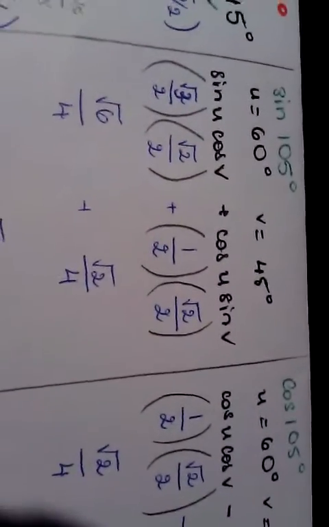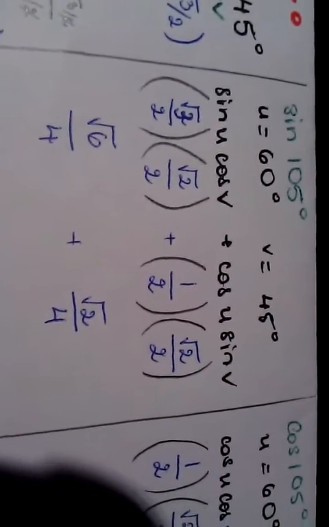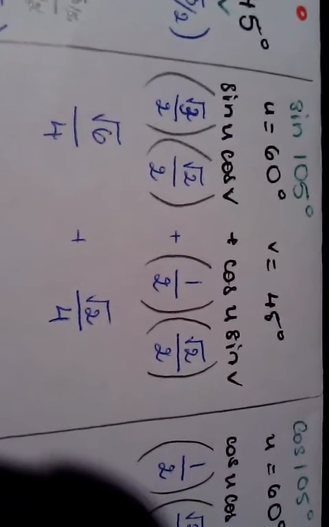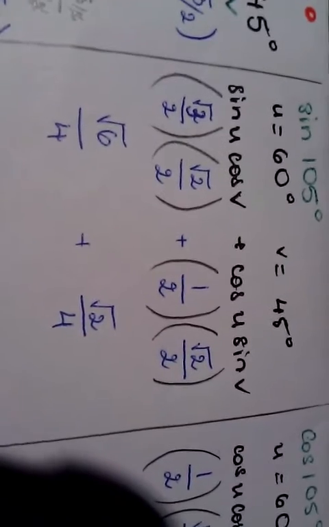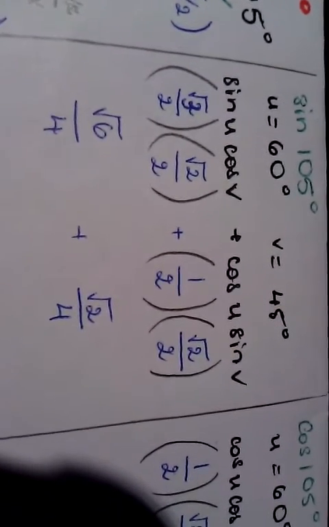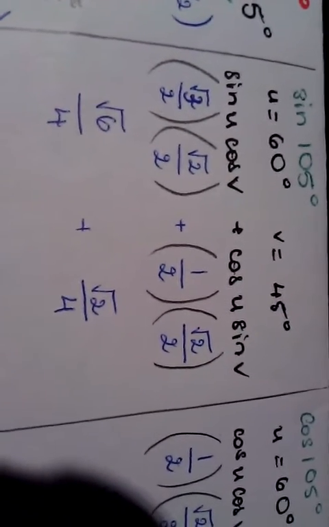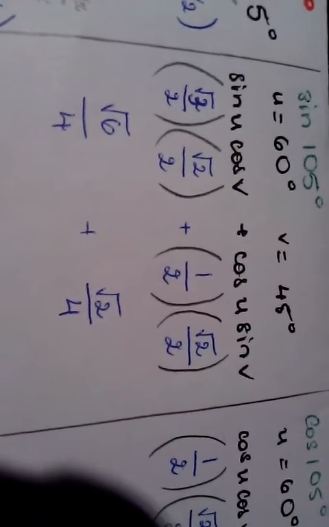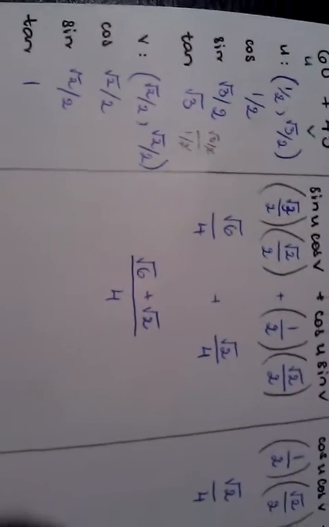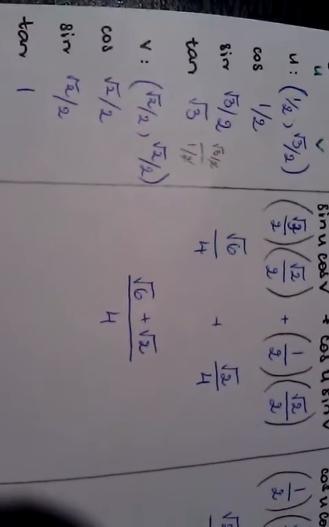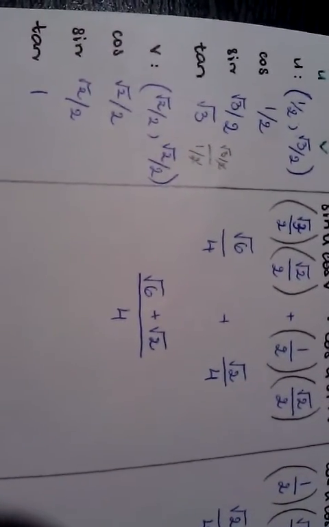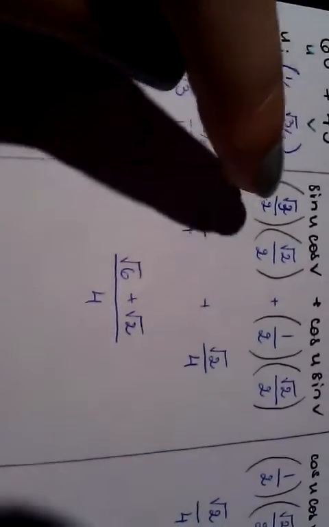To find sine 105 degrees, we will use the formula sine U cosine V plus cosine U sine V. Based on this formula and the information we have, we can just plug it in.